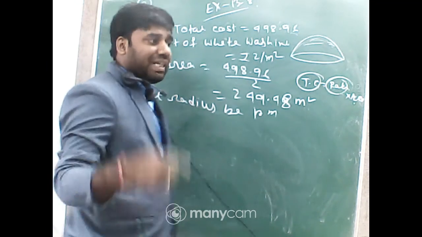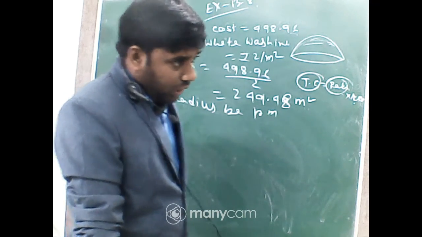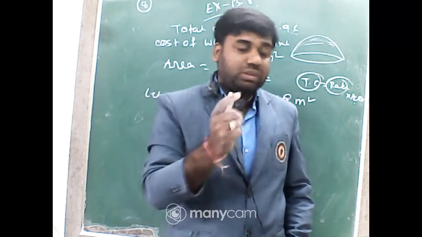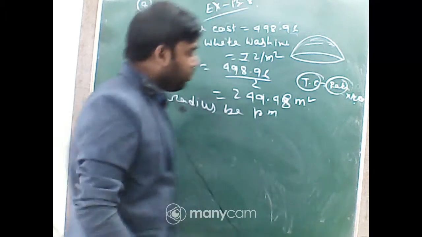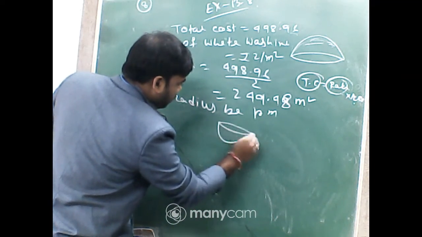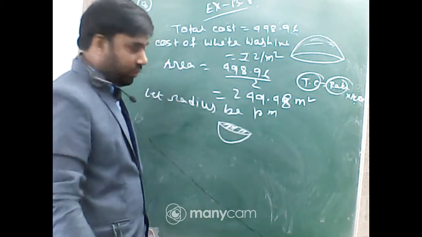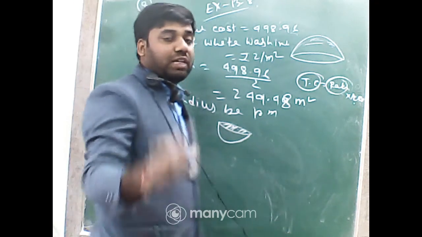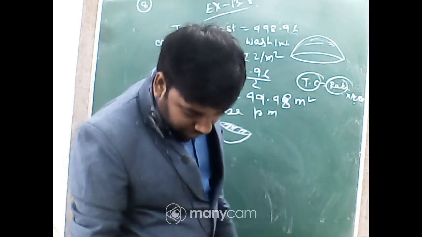That hemisphere, 2 pi r square. Rajonna, one thing, students, 3 pi r square. Yes, there is a confusion between 3 pi r square and 2 pi r square. Rajonna, if this is a plane surface, that time surface area will be 3 pi r square.